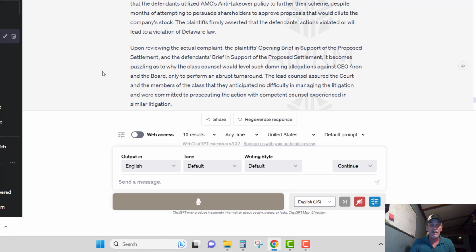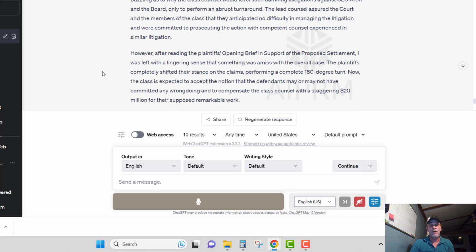It becomes puzzling as to why the class counsel would level such damning accusations against CEO Aaron and the board only to perform an abrupt turnaround. The lead counsel assured the court and the members of the class that they anticipated no difficulty in managing the litigation and were committed to prosecuting the action with competent counsel experienced in similar litigations. However, this is still your letter now.